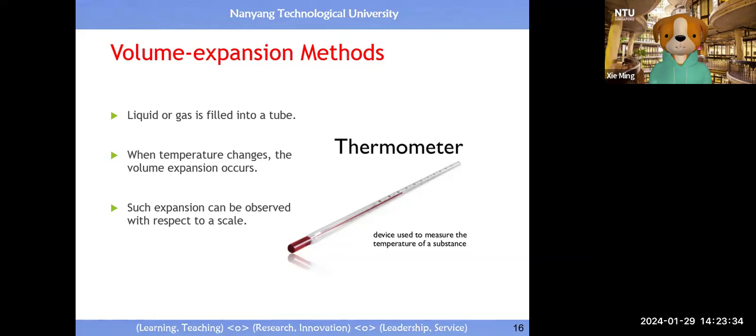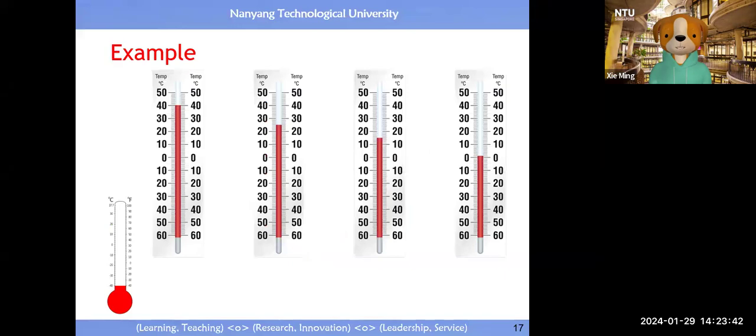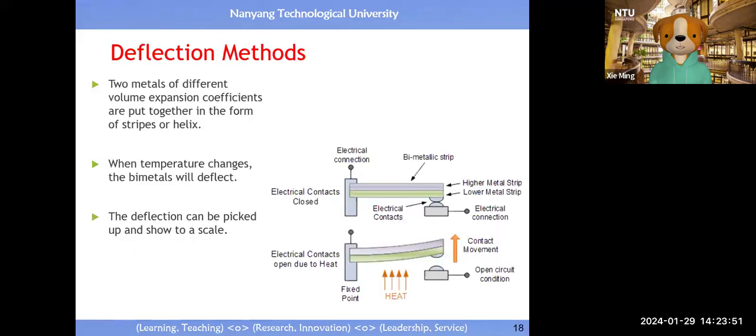Once we calibrate this measurement instrument, we can get an accurate temperature reading, right? This example indicates readings of 40 degrees, 25 degrees, 15 degrees, 0 degrees, etc. So this is a very simple way for us to design a temperature sensor.